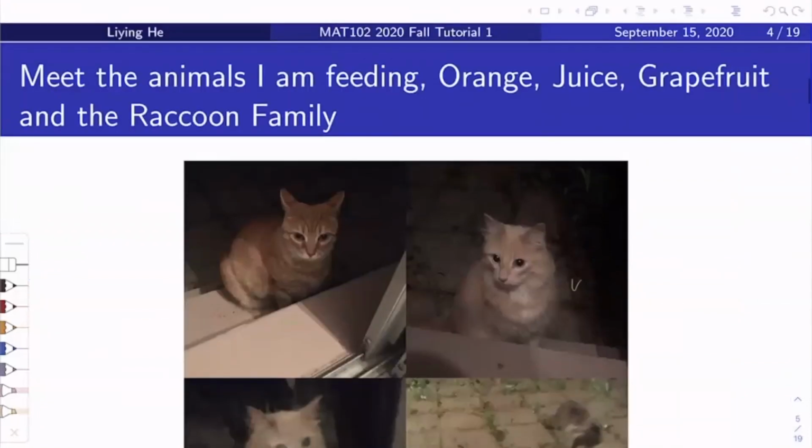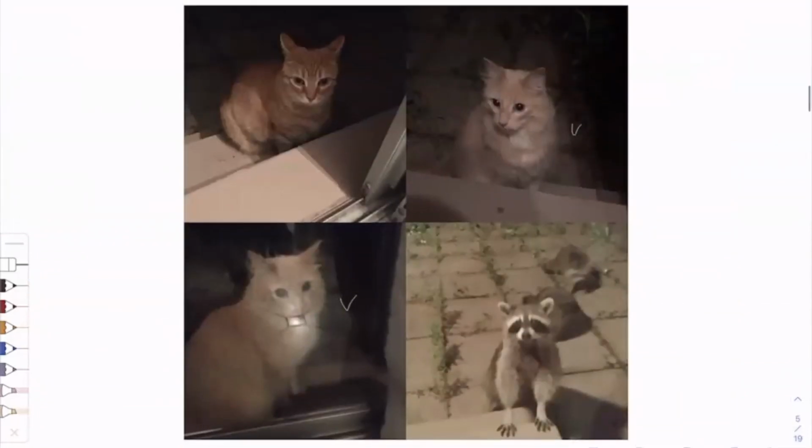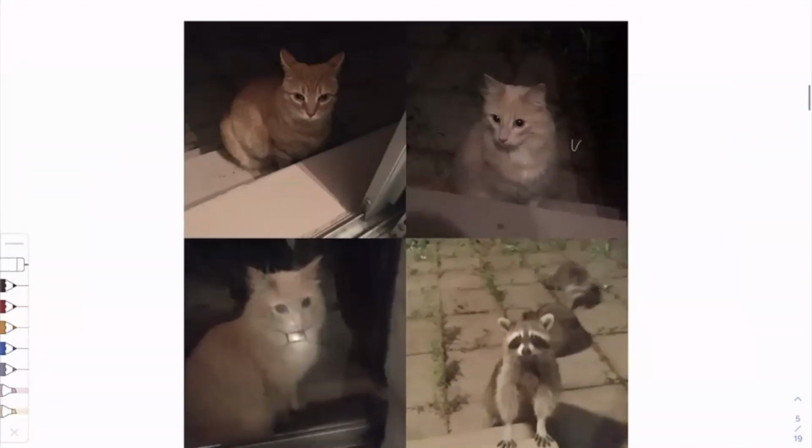And I was feeding these animals. When I was living in Mississauga, they came to my house regularly, so I was feeding them regularly as well. I don't know their names, so I named them.